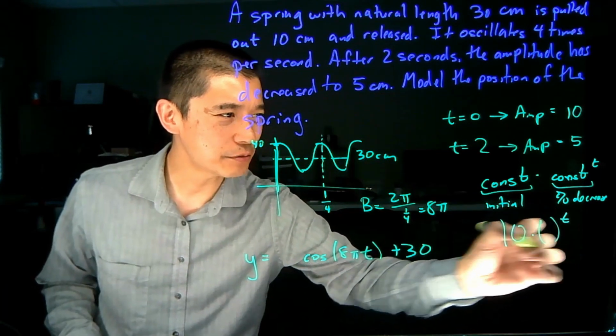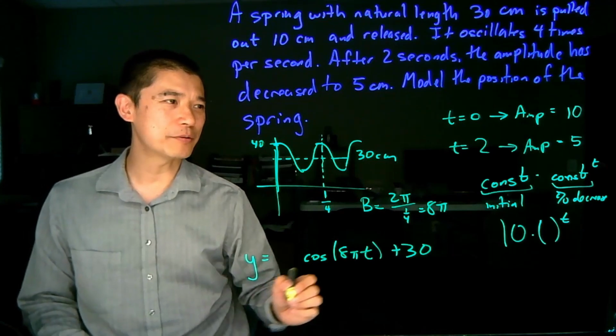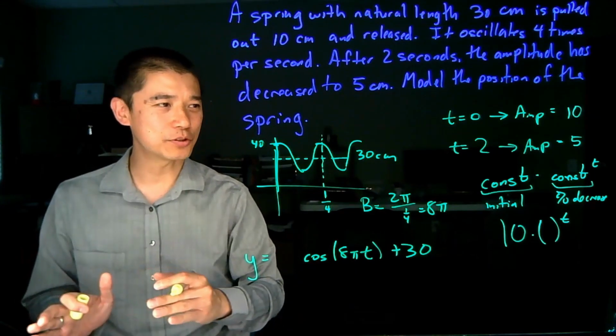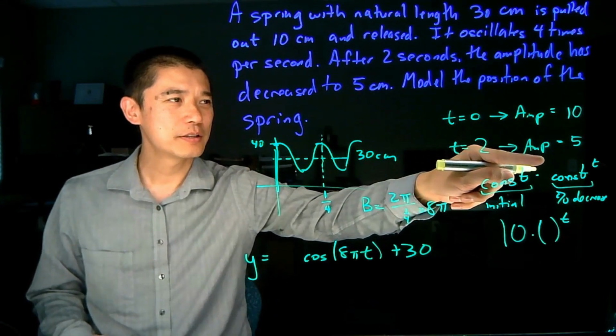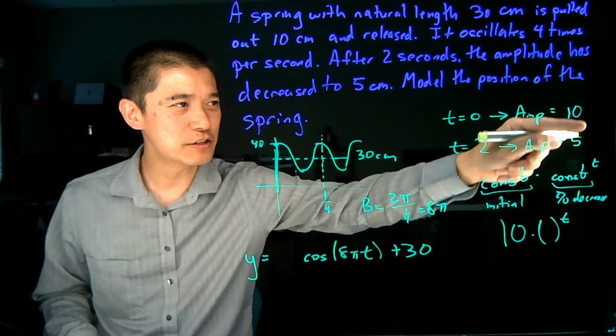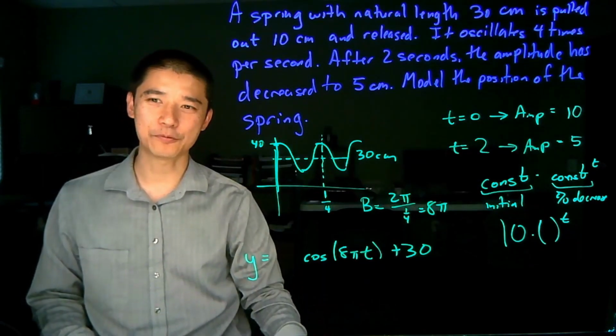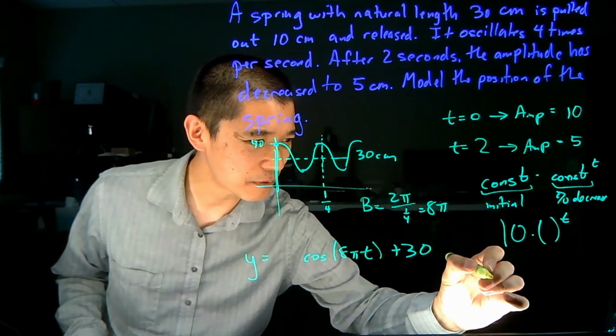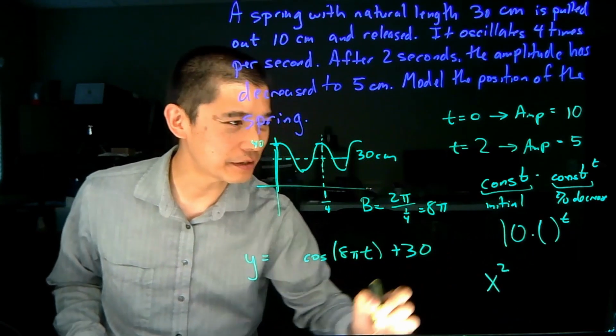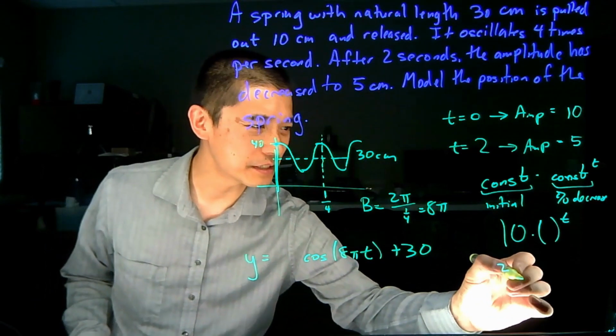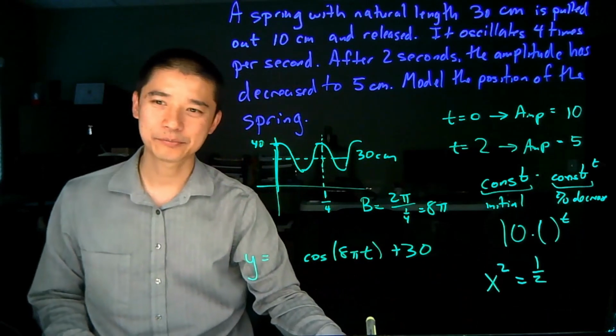Whatever this value is, it has to have the property that when t is equal to 2, this is going to be 1/2, because the new amplitude is going to be half of what it was before. So it has the property that x squared, when t is equal to 2, is equal to 1/2.